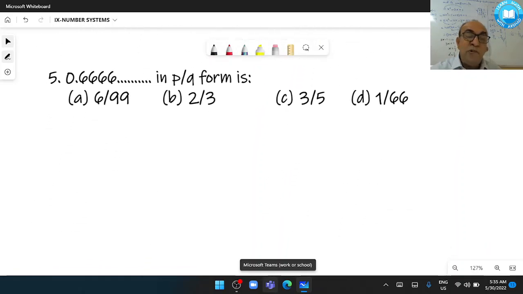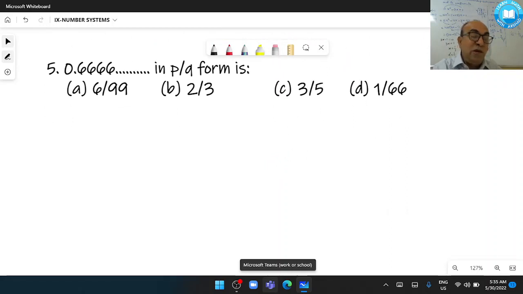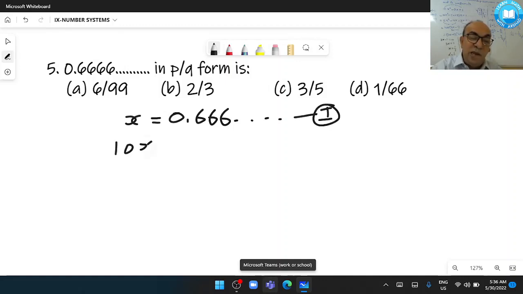Now we have to write this number in the form of p by q, where q is not equal to 0. So already I told you in class, suppose x equals 0.666 and only one digit is repeating. So multiply it by 10. When you multiply it by 10, the decimal will move one place to the right, so it is 6.66.